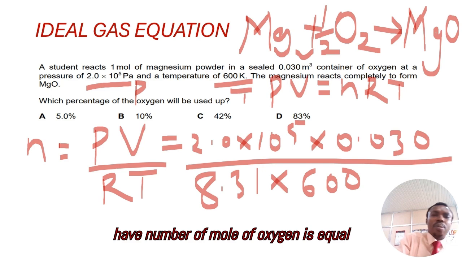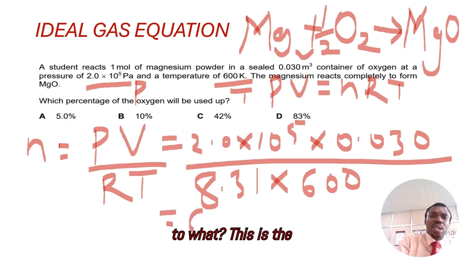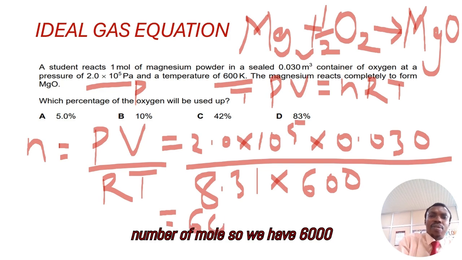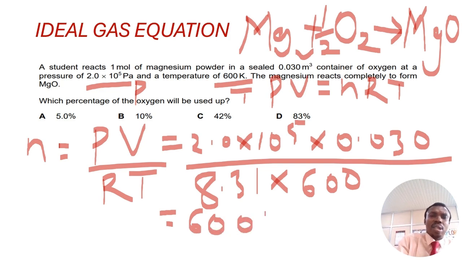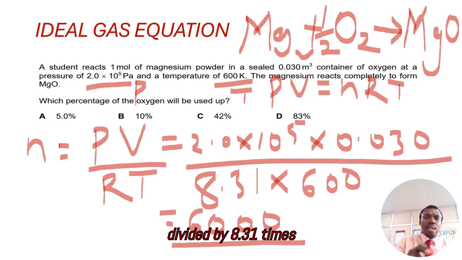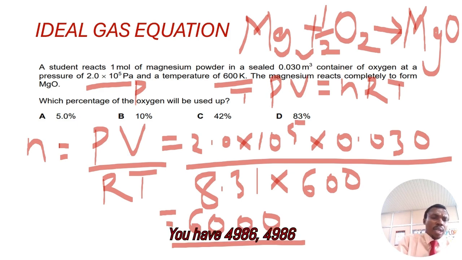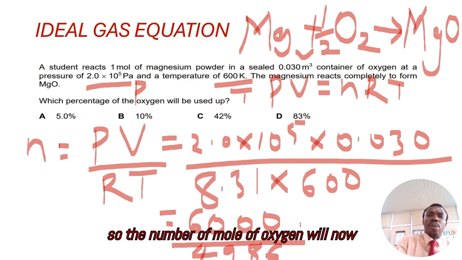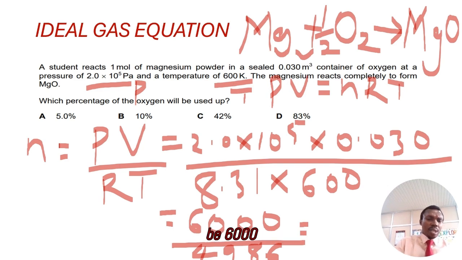So we'll have 6,000 divided by 8.31 times 600. You have 4986.